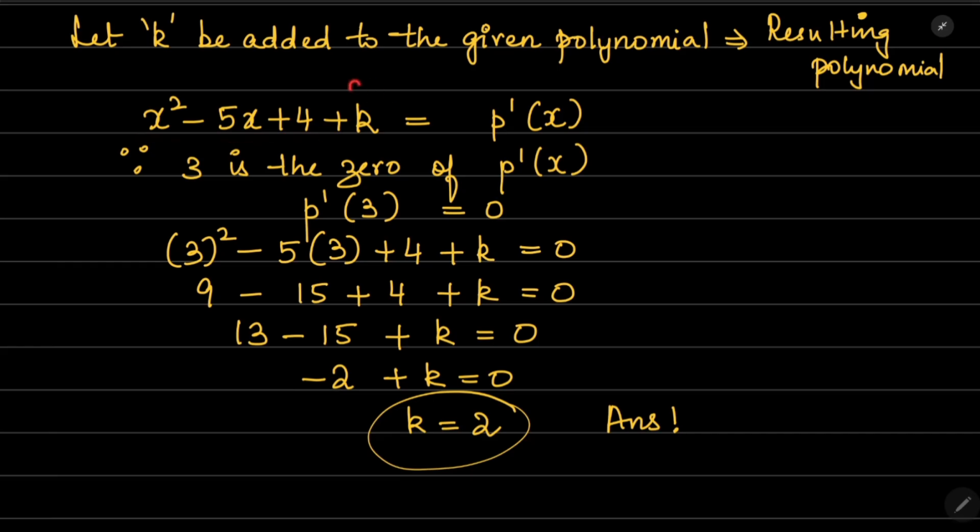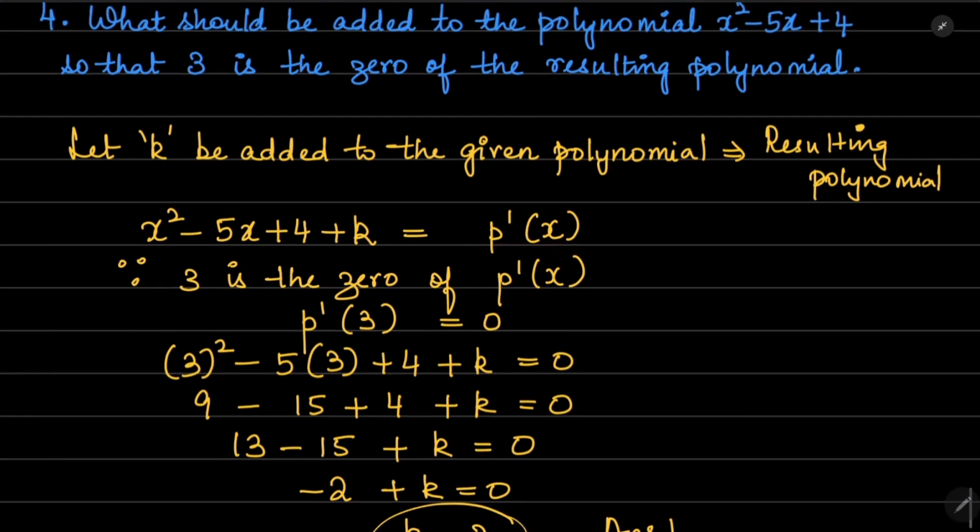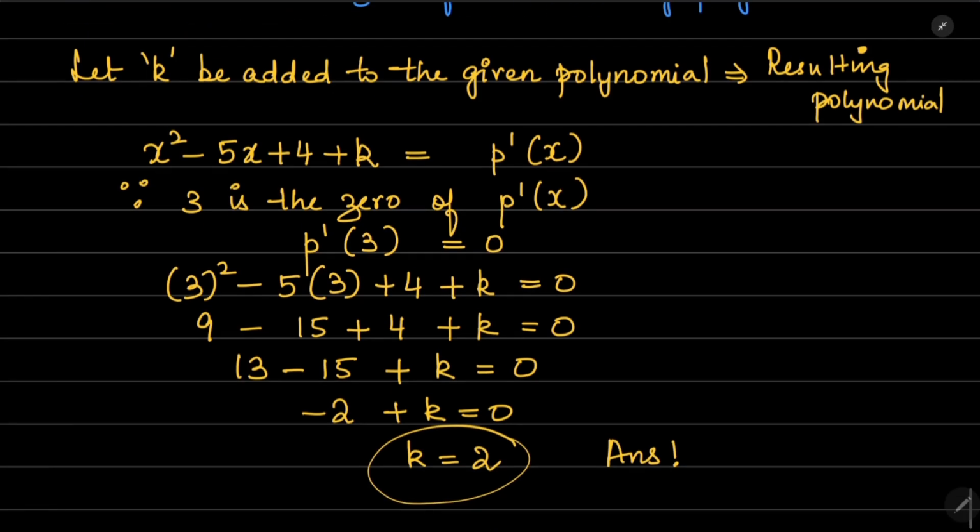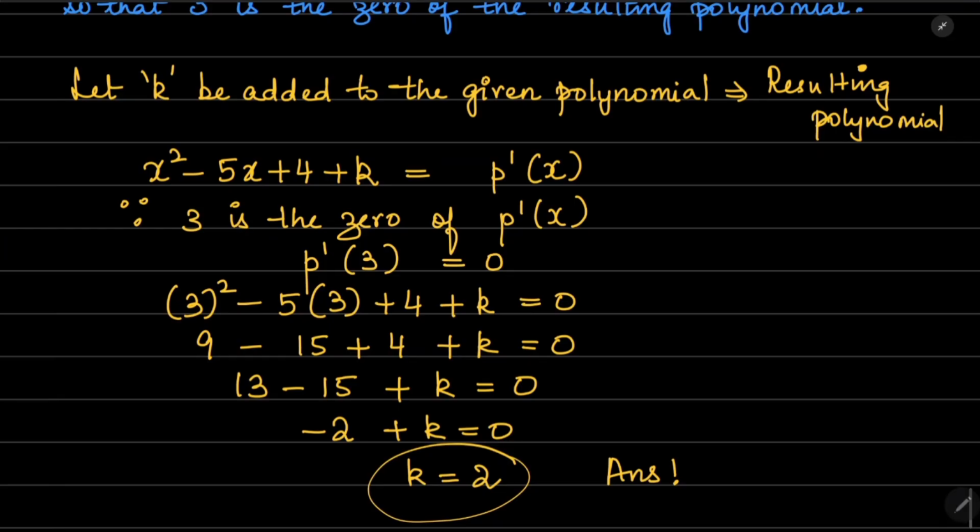You have to add a value 2 such that for the resulting polynomial, 3 is one of the zeros. That means either alpha or beta is 3. Okay, so this is how you have to do it. I hope you understood. It's a very easy question. Okay. So this p dash of x is our resulting polynomial.